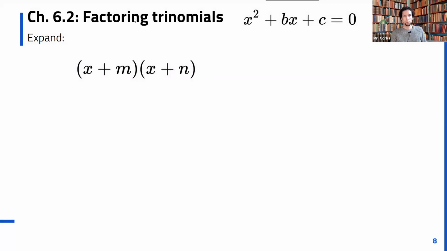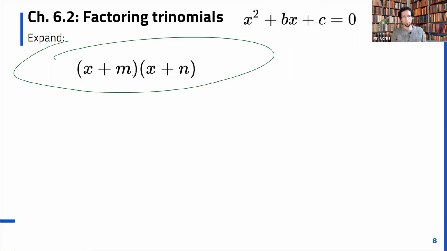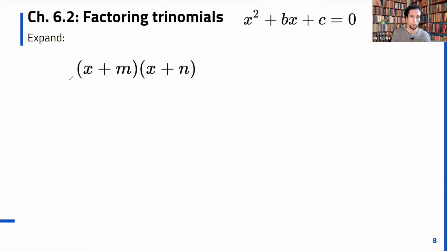So let's think about what happens if we have something like this and we expand. So x plus m and x plus n, where x is our variable, and m and n are just some constants, could be whatever based on our problem.